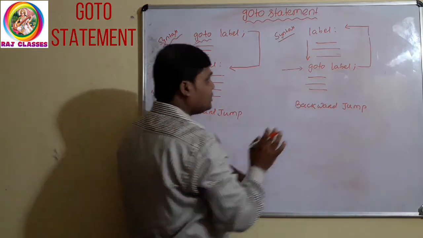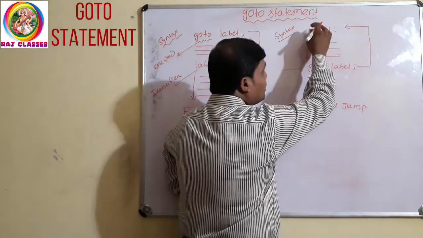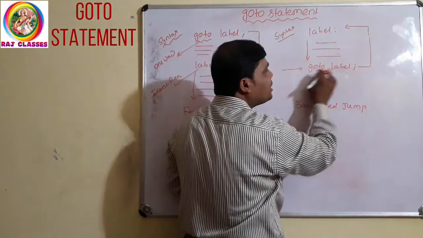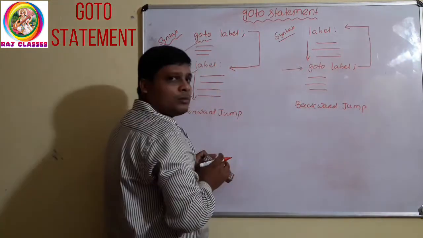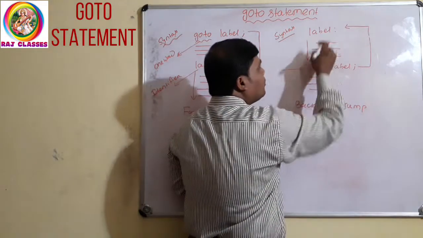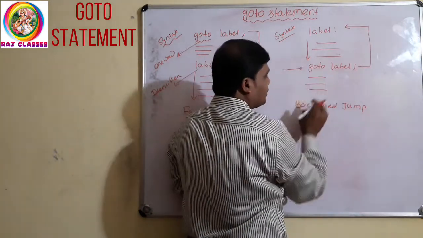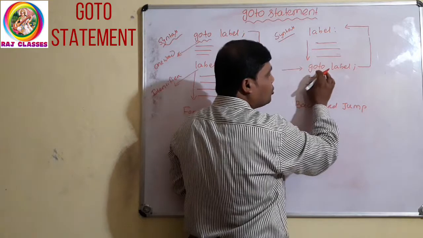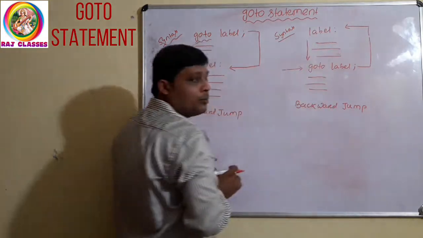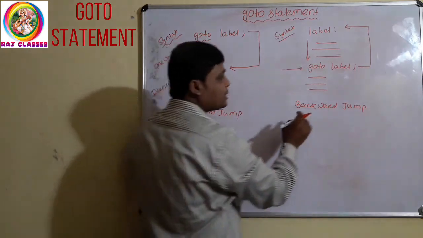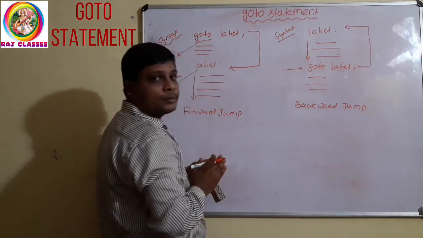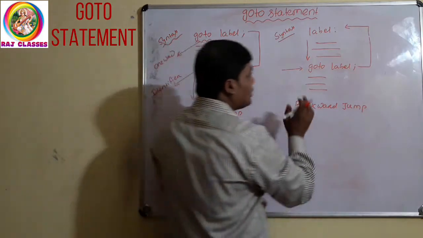Now you can see, again it will execute this goto label. Yes or no? So, one type of loop will form if the goto label statement is placed after this label. That means in case of backward jump, one loop will form. Yes.